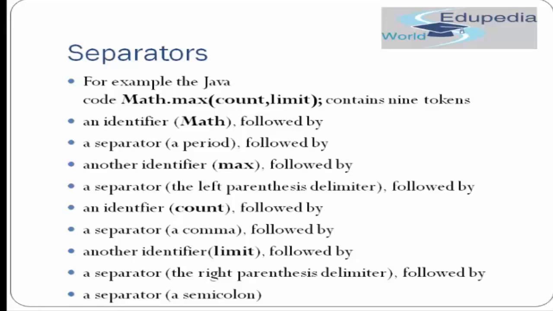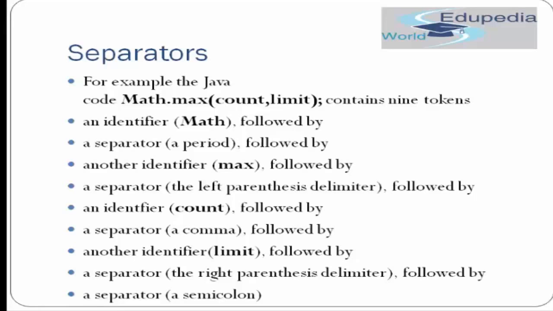Dot is a separator. The separator is called a period. So this is how a separator is used. Then we have another identifier called max. So max is a method in the Math class. In order to call a method of a class, we need to use a period separator. Since max is a static method, we have not created any object of the Math class.